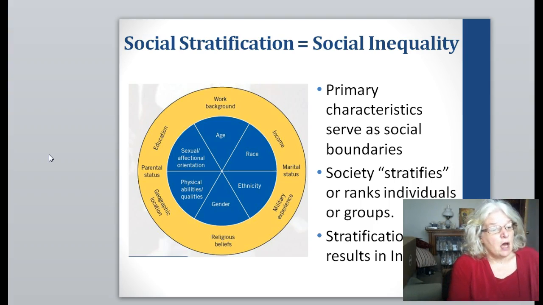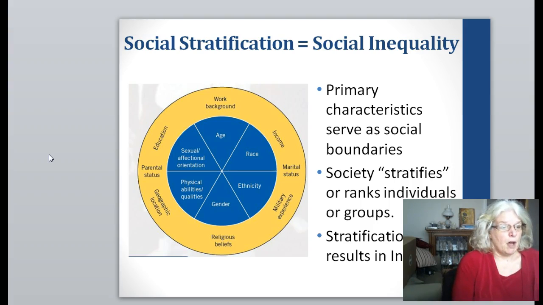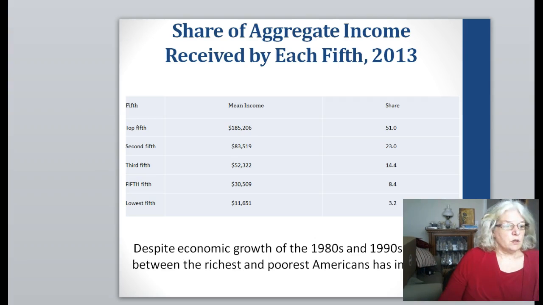And then there's those big pieces: our experience in life, our marital status, our income, our work, our background, our religious beliefs. All of these stratify us and put us in place in society. So let's look at income stratification. The top fifth of the country earn about 51% of the income.